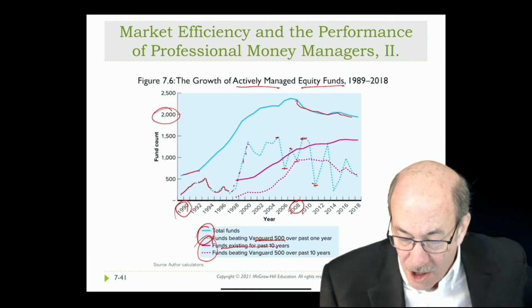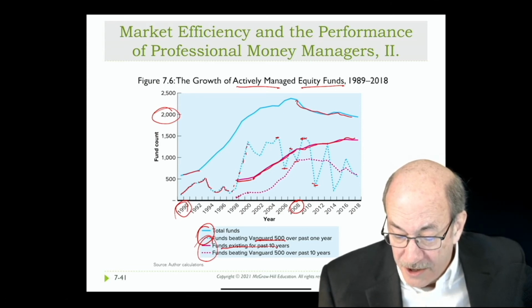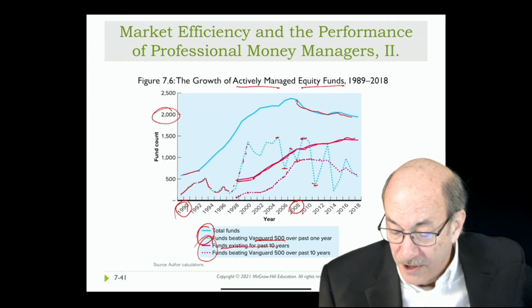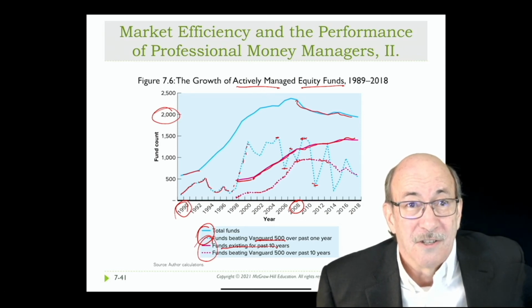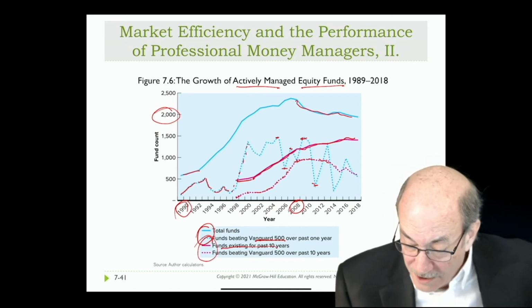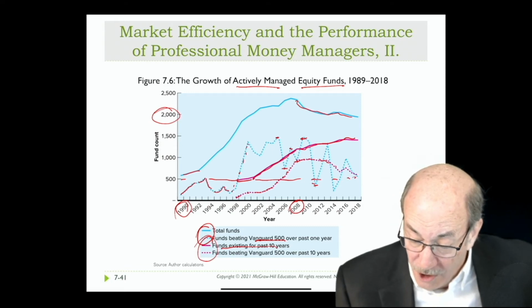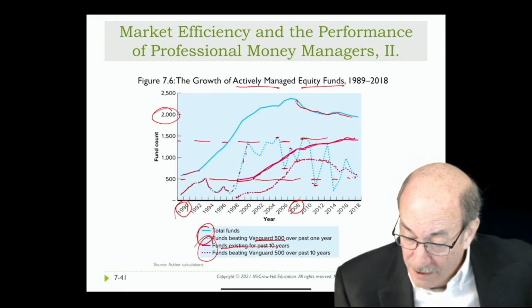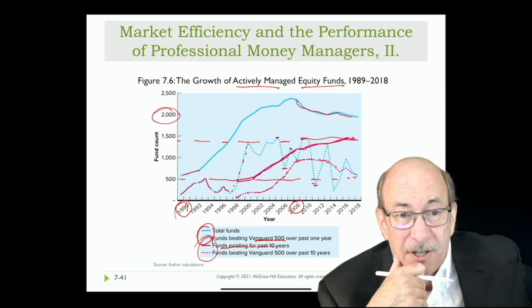So that's the dark red line. That's the number of them. And then the dashed red line is those that actually beat this Vanguard 500 index. Kind of incredible, right? I mean, look at here. We've got a little more than 500 out of the, somewhere in the 1,300 range of funds.